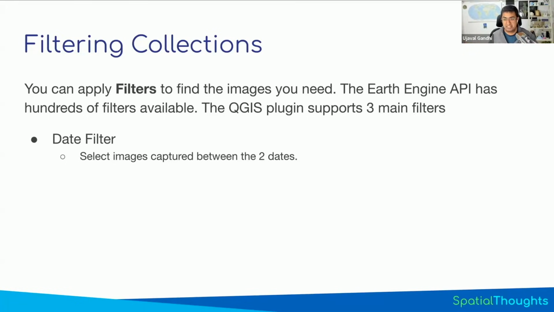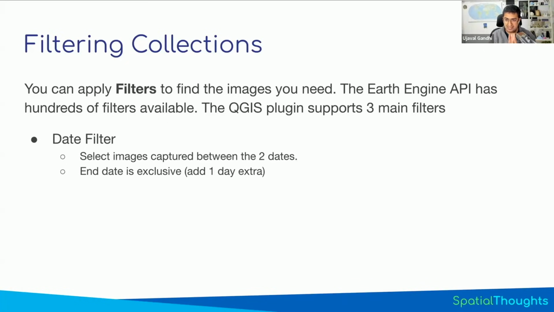You can say, I want images for 1 month. You can specify first, say, I want all images of January. You specify 1st Jan. And the end date in Earth Engine filters is excluded. So if you say my start date is 1st Jan, end date is 31st Jan, the images on 31st Jan won't be selected. So the end date is exclusive. That means you always add an extra day in your date filters.